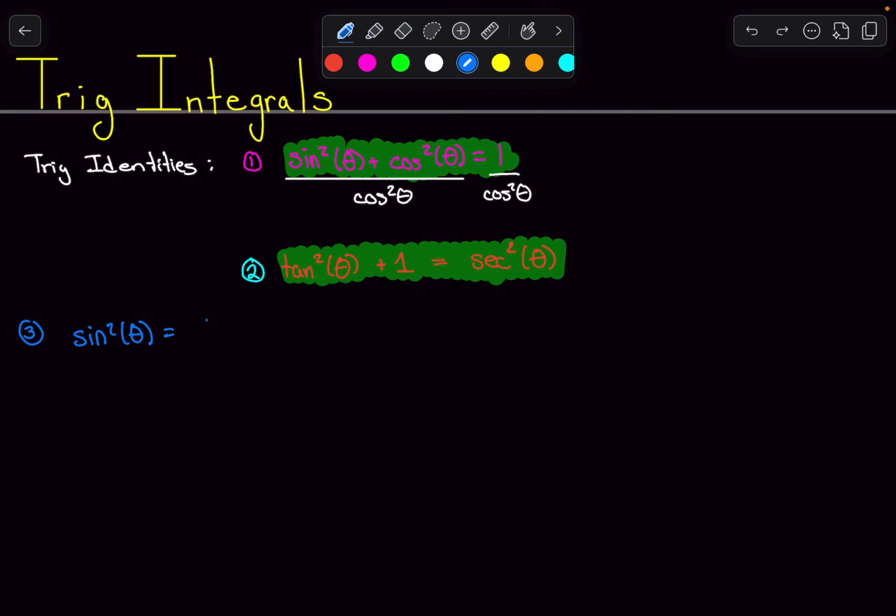But there's another identity: 1 minus cosine of 2 theta, all over 2. And a partner identity is that cosine squared of theta is equal to 1 plus cosine of 2 theta, over 2.